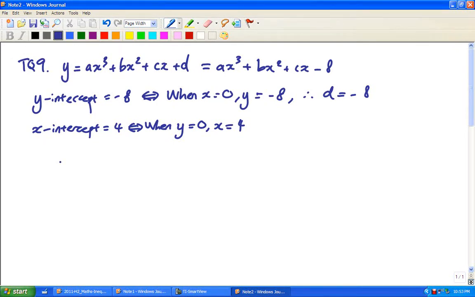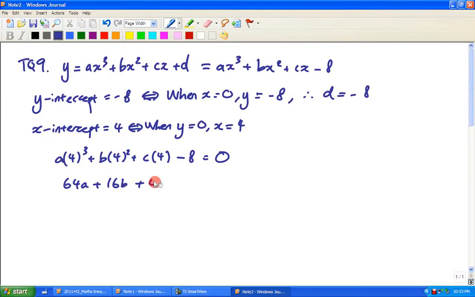So we have a times 4 cubed plus b times 4 squared plus c times 4 minus 8 equals 0. This would be 64a plus 16b plus 4c equals 8. I can simplify this further by dividing both sides of the equation by 4 to give me 16a plus 4b plus c equals 2. Let me label this as equation 1.